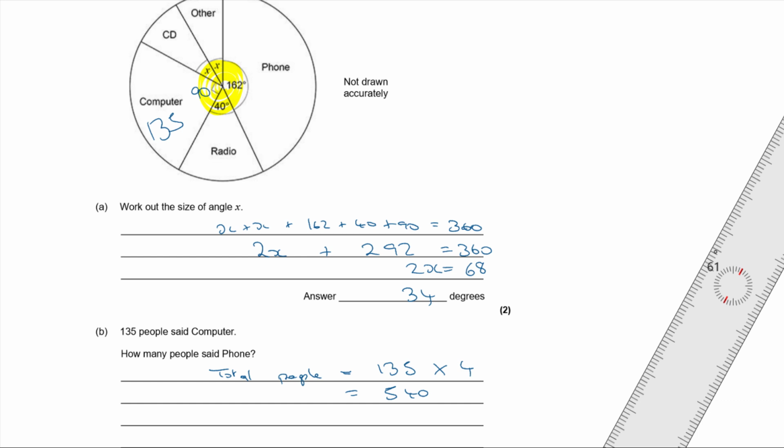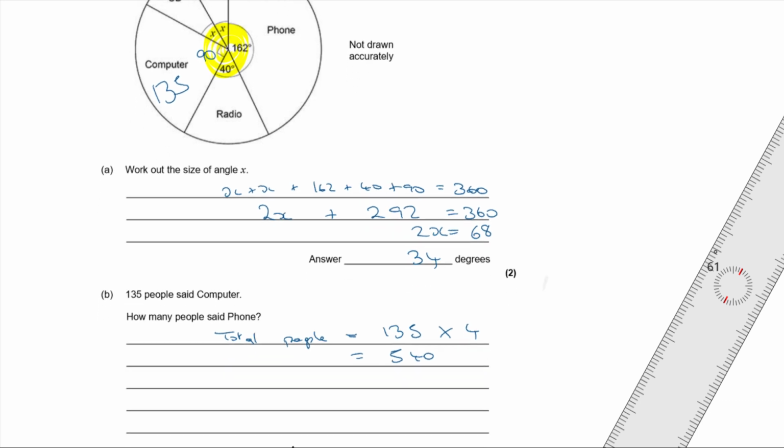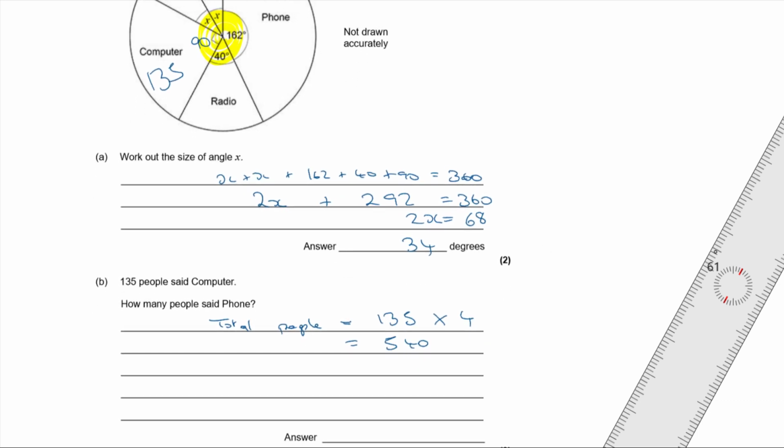Then the phone is 162 degrees. So to find out how many people that represents, so phone, that's going to be the total number of people times by, and I'm going to write that down as a fraction, 162, which is the angle at the center, over 360, because that's the fraction of the whole circle you've got.